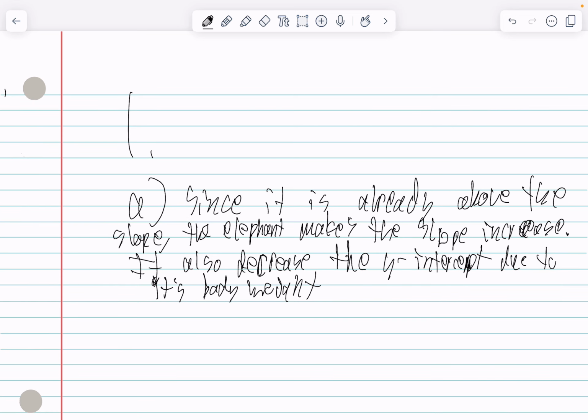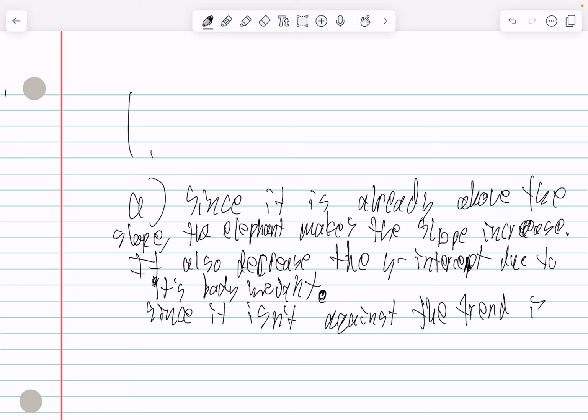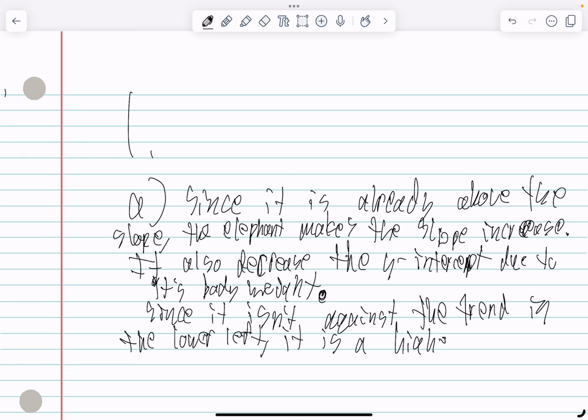And then since it isn't against the trend in the lower left, it is a high leverage point.